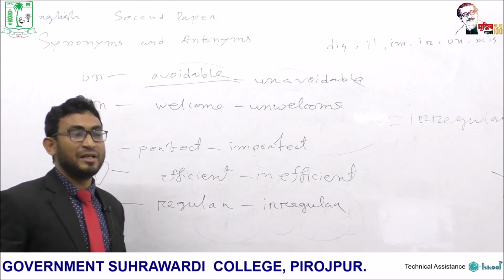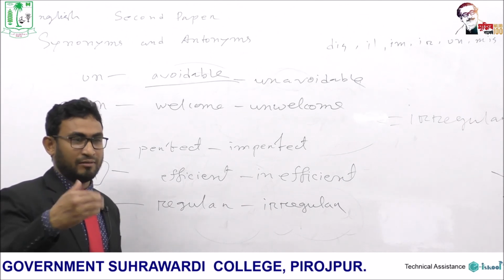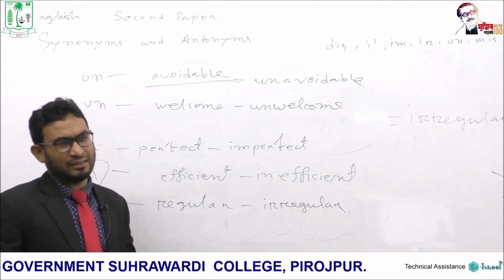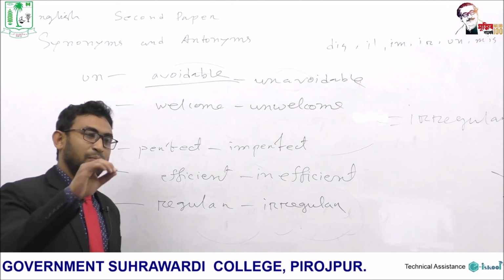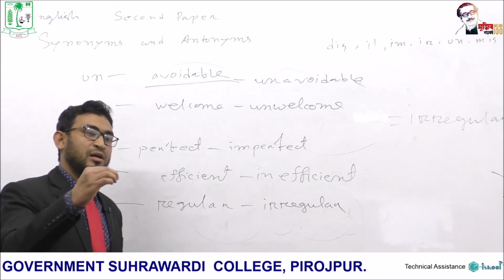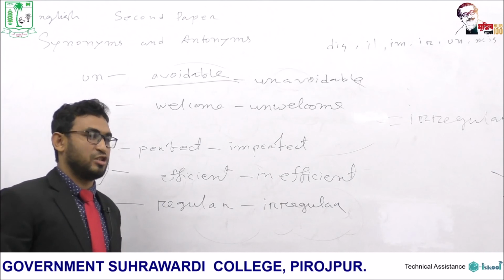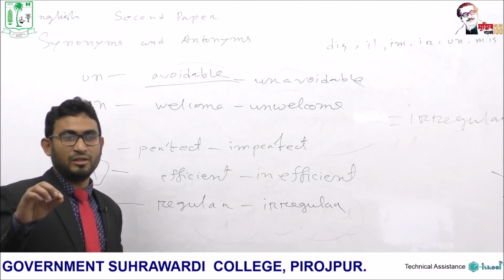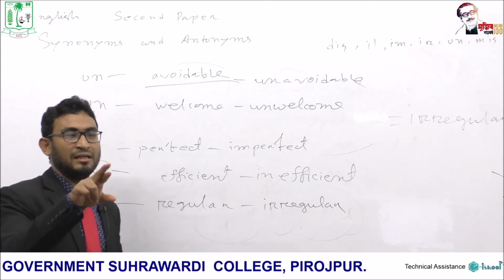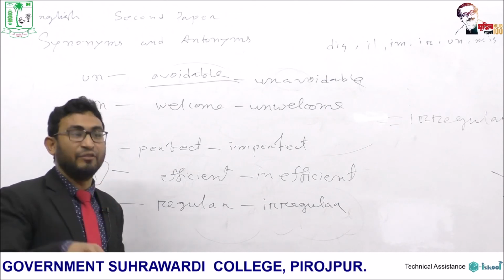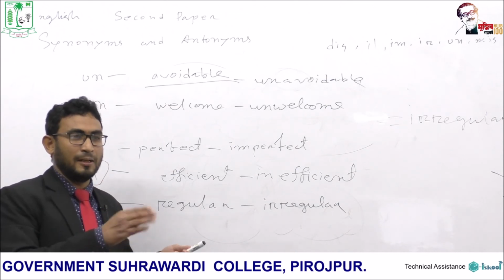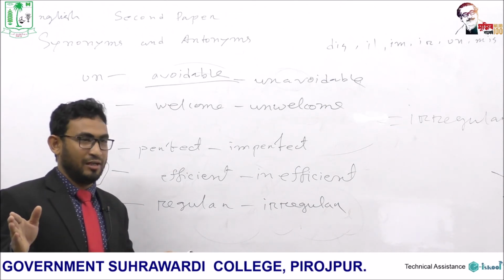When we add prefixes for writing antonyms or other things, we should maintain some rules in case of spelling as well as punctuation marks. For example, when we use some prefixes, we need to add a hyphen between the prefix and the main word.